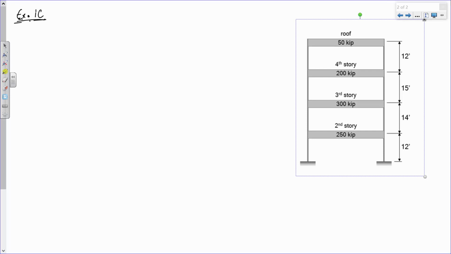All right. I'm curious. Can somebody tell me the total building weight for this building? What's the total weight? 800 kip. Say it again. 800 kip.